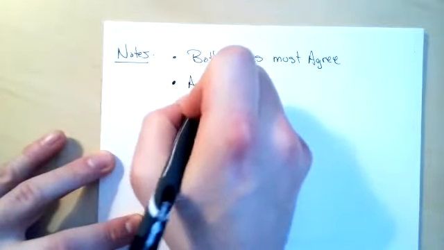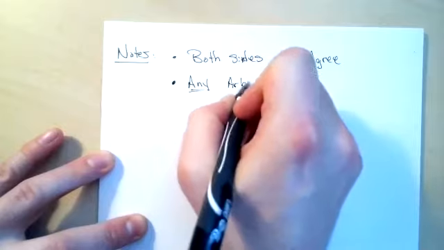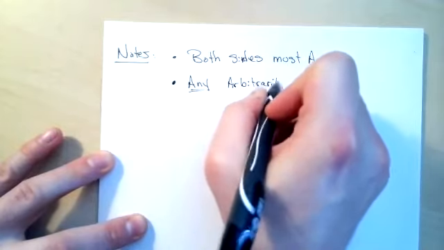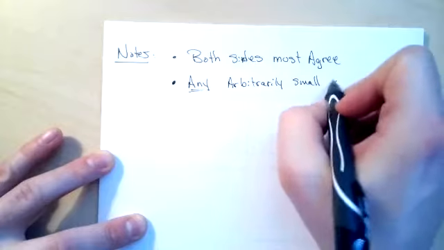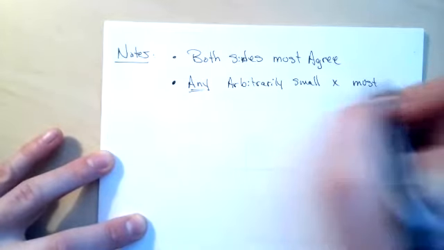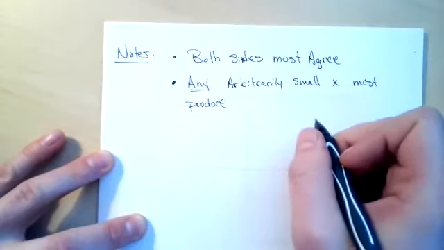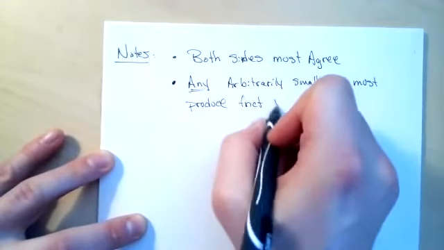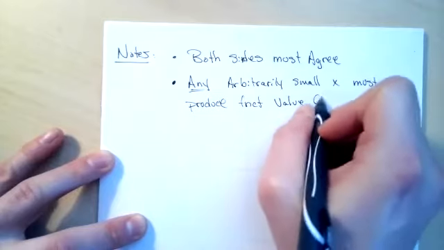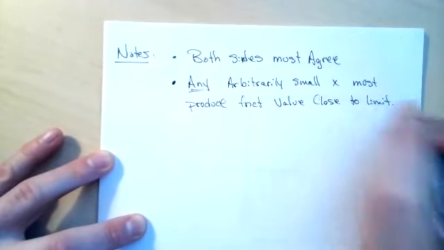The other thing to be careful of is the fact that any arbitrarily small x must produce a function value close to the limit.